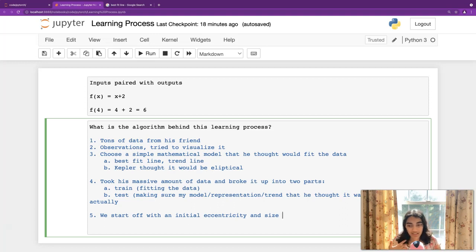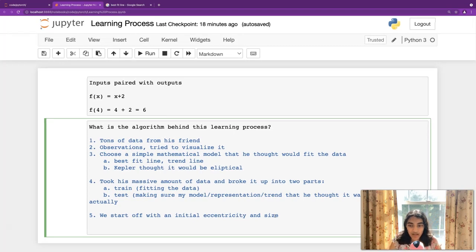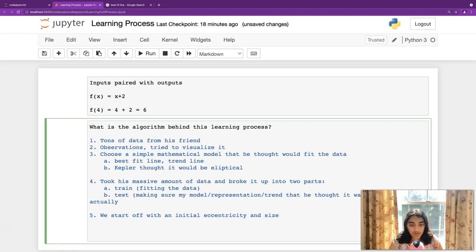But this is an ellipse, so we have two different attributes here. We start off with an initial one, but we're going to soon know that we're wrong. We had no basis for coming up with these values, and we just chose one because we have to start somewhere. So we pick an initial value and we roll with it.